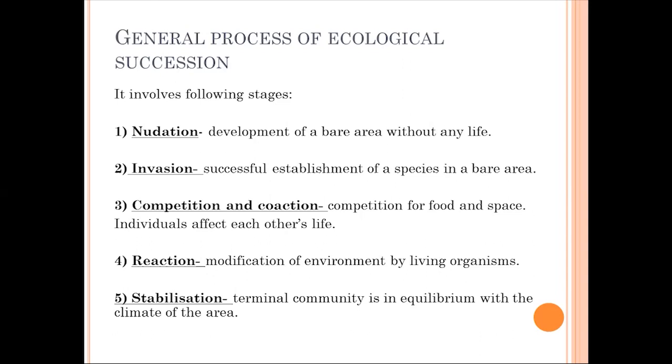Then the last stage, or the final stage in ecological succession, is stabilization. Stabilization is the final stage. It is also known as climax. So the terminal community, or the last community, when it is in equilibrium with the climate of the area, we say that the community has been stabilized.